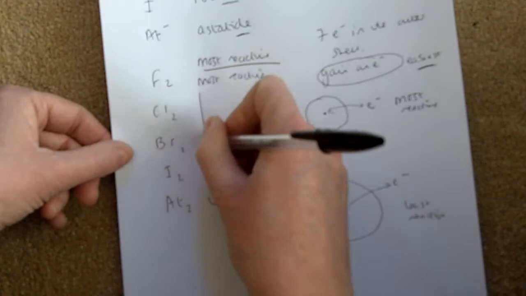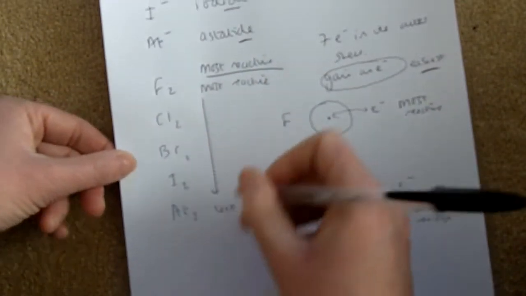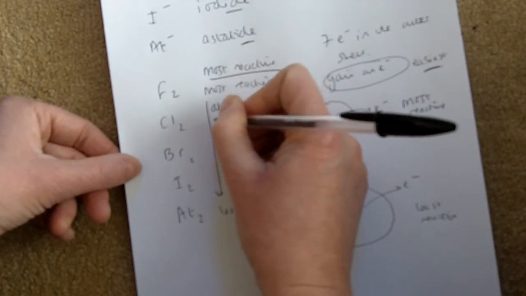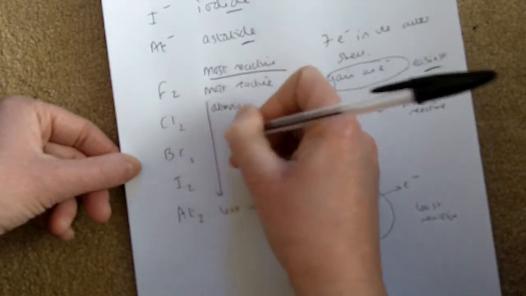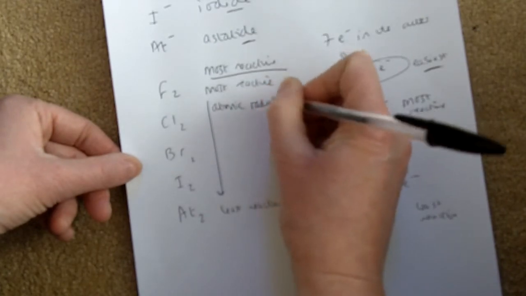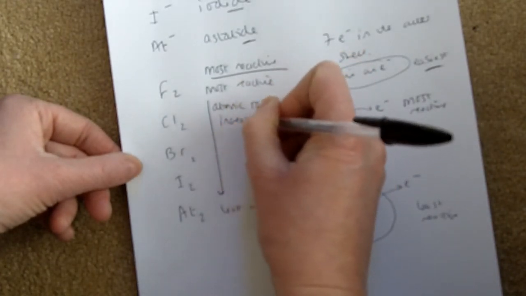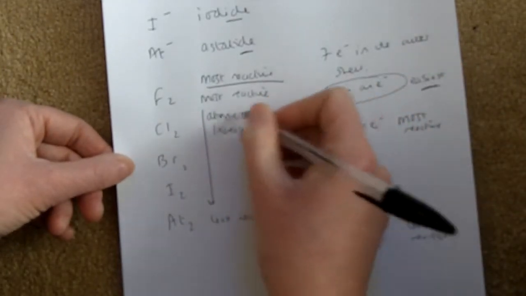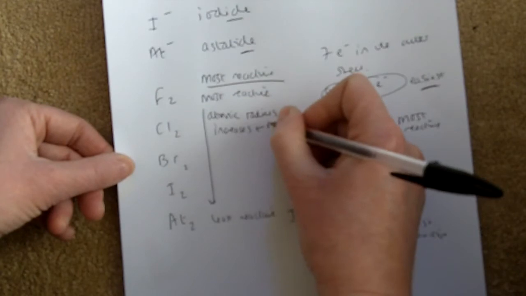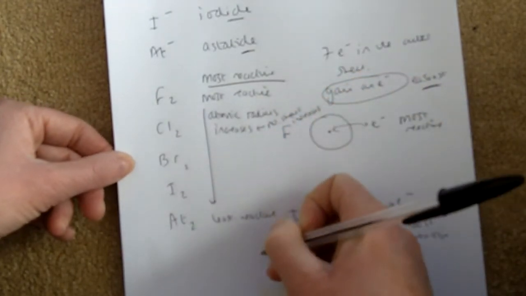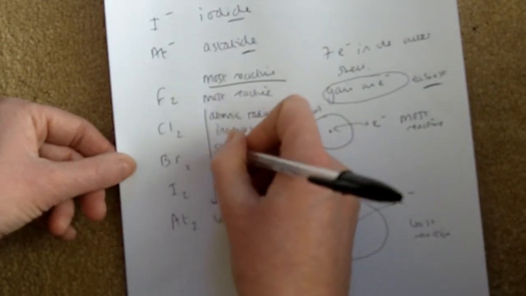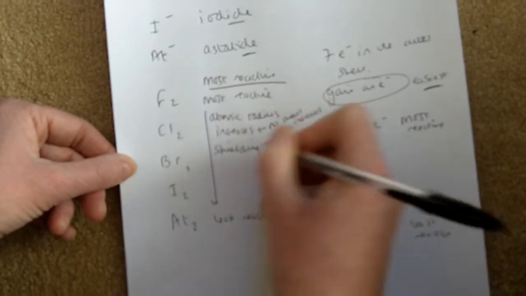So as you go down the group, the atomic radius, this is of the atom, F, Cl, Br, I, just the atom, increases. And the shielding, so that means the number of shells, increases as you go down the group. The atomic radius increases, but the electron shielding also increases.